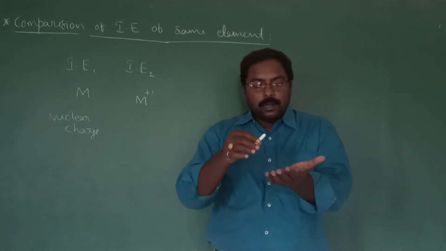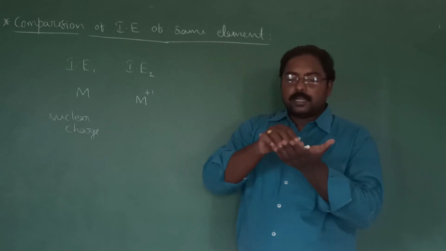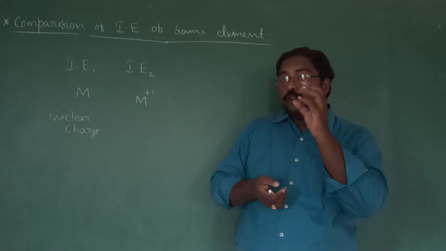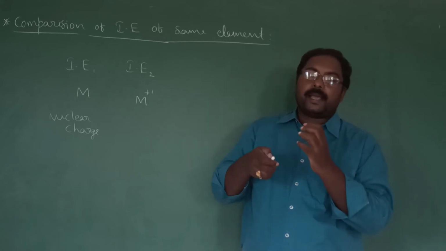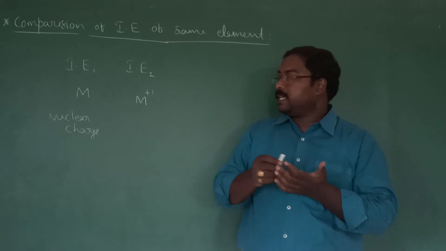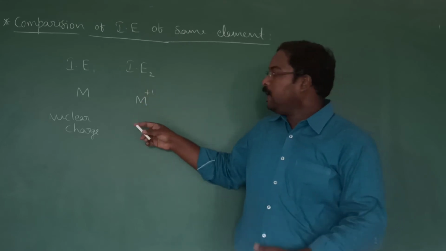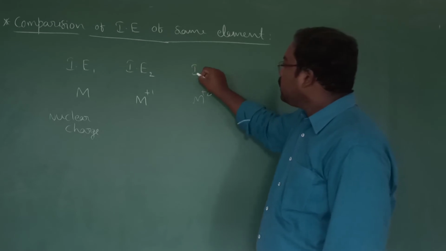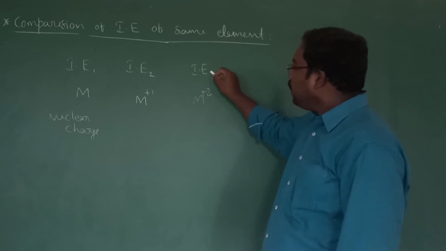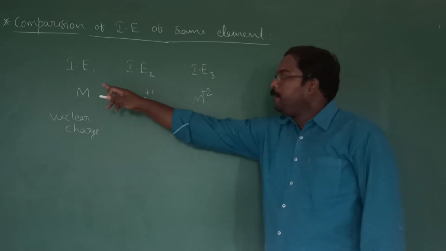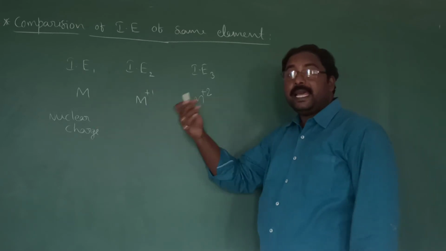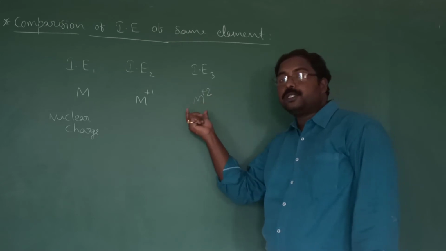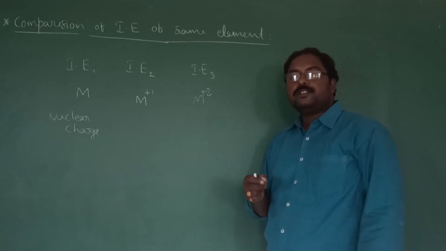For example, one was lost easily, let it be. Now if I want to remove one more, the nuclear charge is more because the number of electrons is less. One electron is less, right? Even if we go for the third ionization energy, two more electrons are less compared to the first one. Indirectly, what can we say? The number of protons is more than electrons, so what happens?